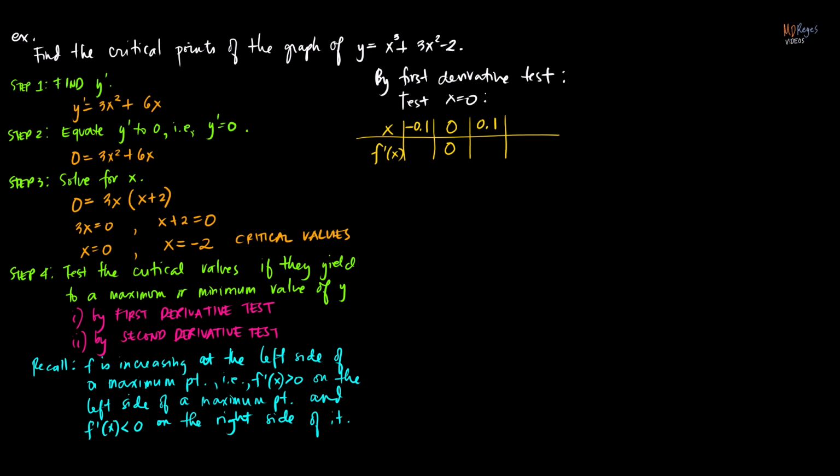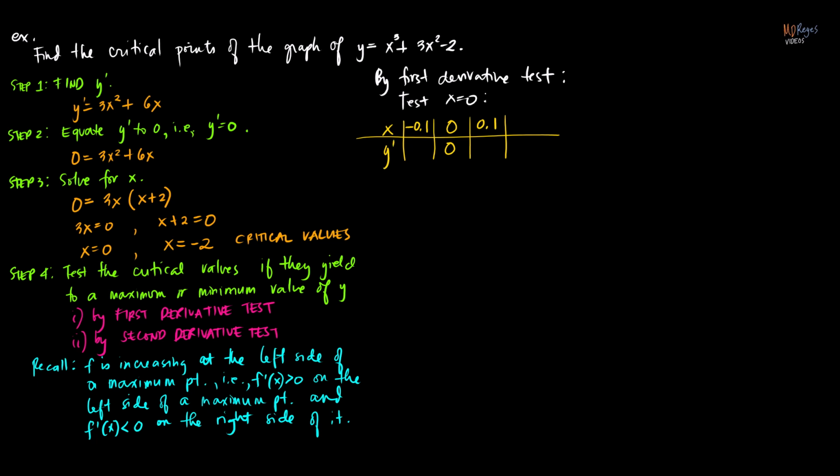Now, you just have to look at the sign of f prime of x whenever x is equal to negative 0.1 and positive 0.1. Remember that this is our f prime or y prime. Let me change this to y prime so you'll not be confused. So this is the sign of y prime.